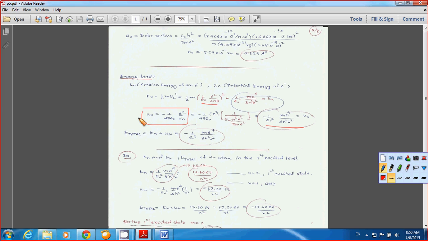You're familiar with the potential energy when you have two electric charges. It becomes 1 over 4 pi epsilon 0 times e over r. But this is for an electron, so you have to multiply by the charge of the electron. That's why you have e squared there.